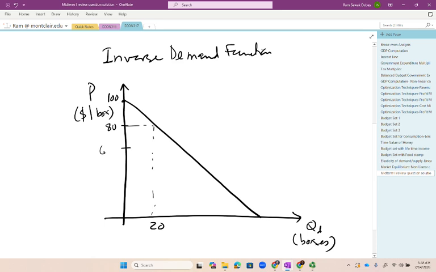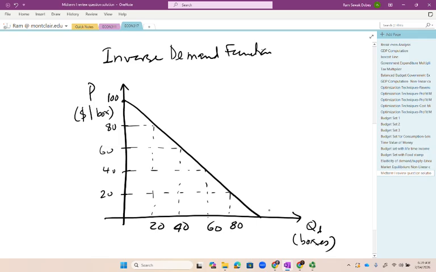Price goes down to 60, quantity goes up further to 40. And then when price is 20, quantity turns out to be 80.